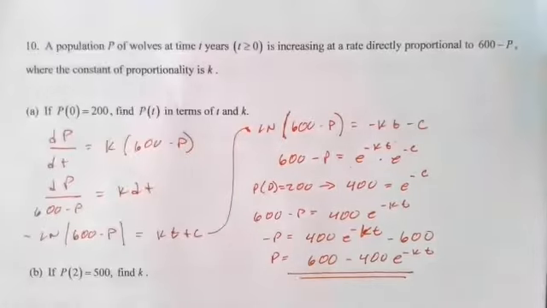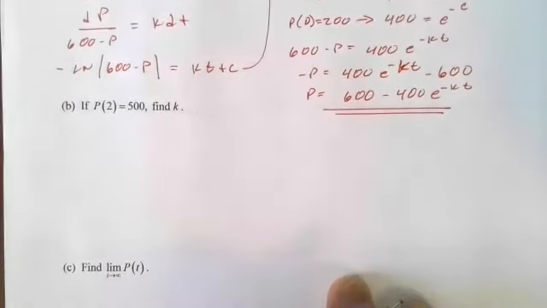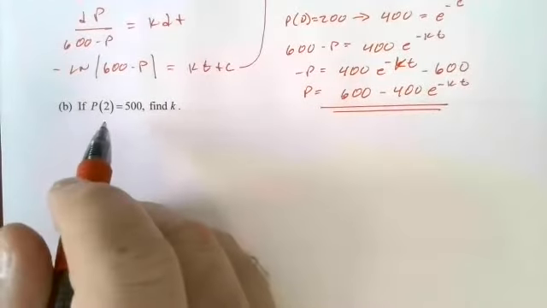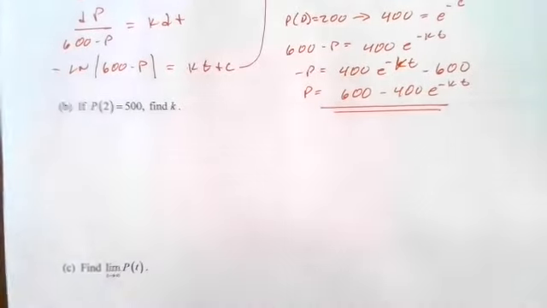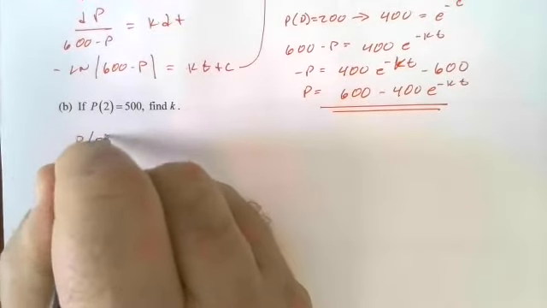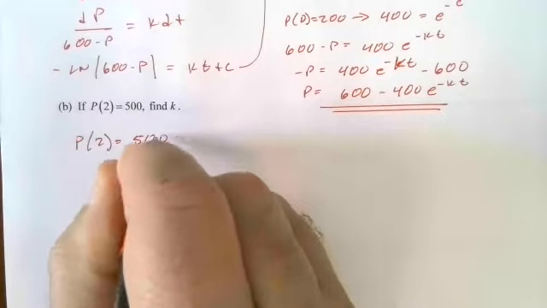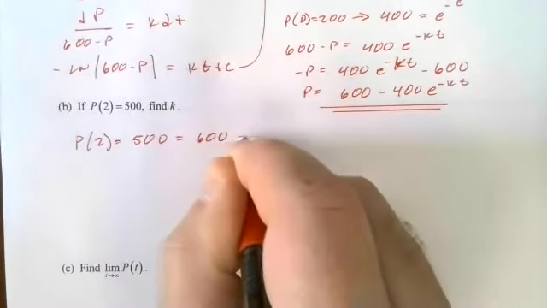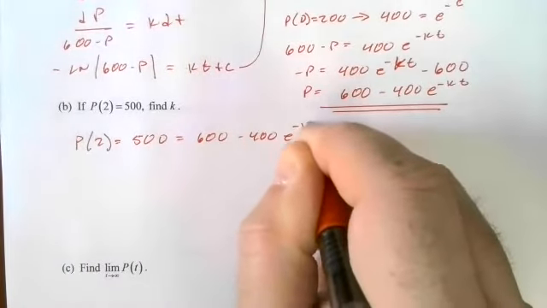I don't know, it's kind of cool when you can make variables dance like that. It's not easy. It takes time and practice. If P of 2 equals 500, find k. Yeah, because I still get a k over there, don't I? P of 2 equals 500, which is 600 minus 400 e to the negative kt.